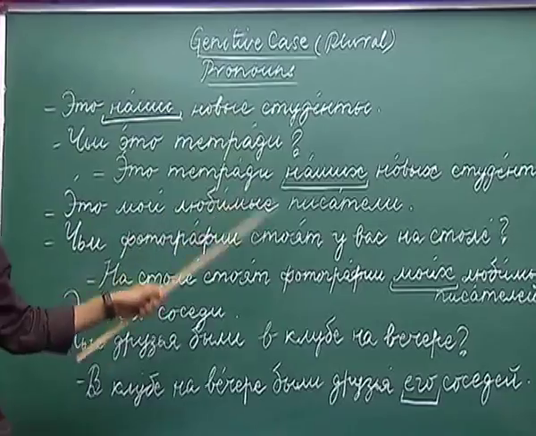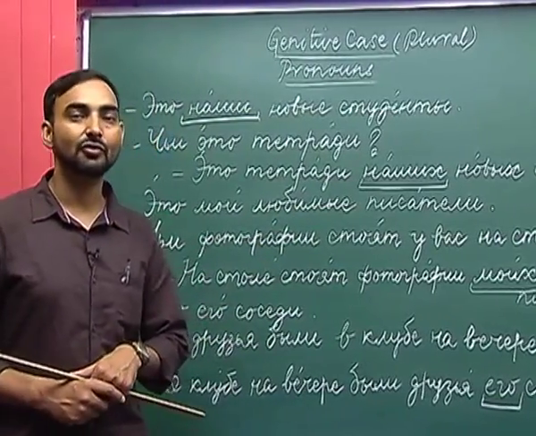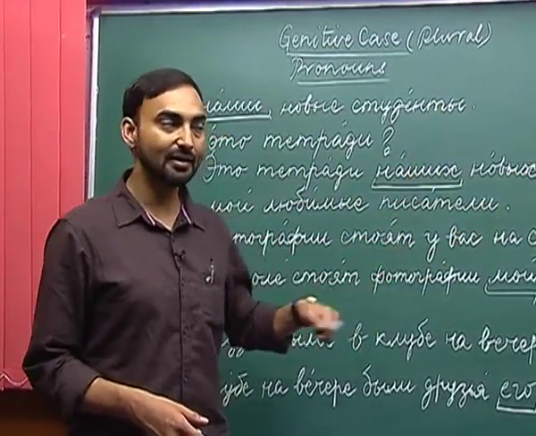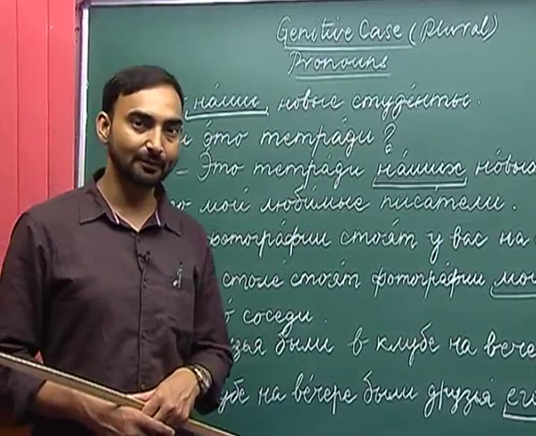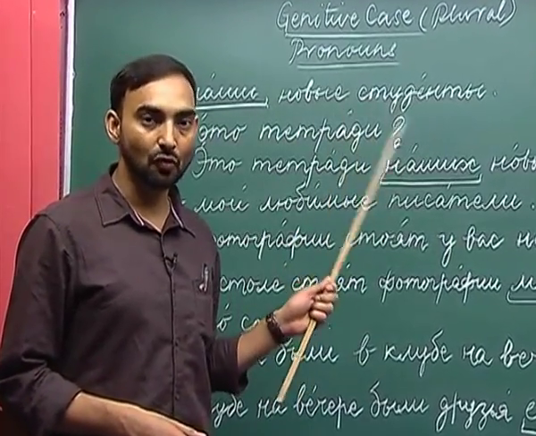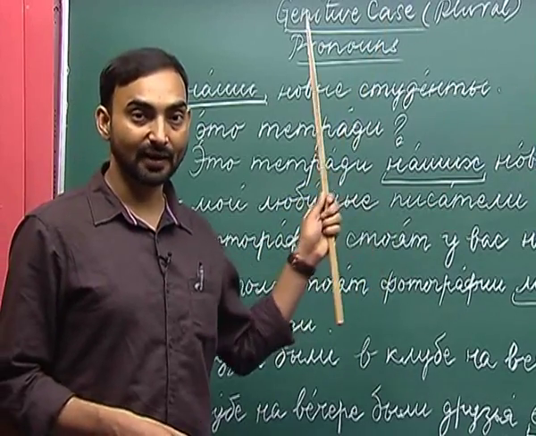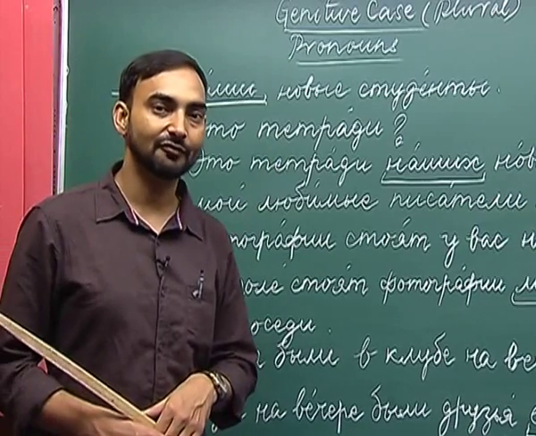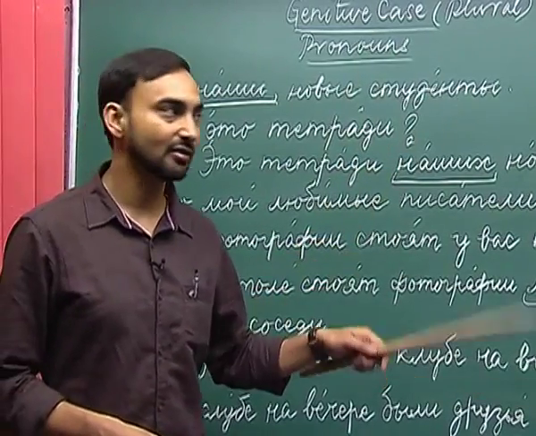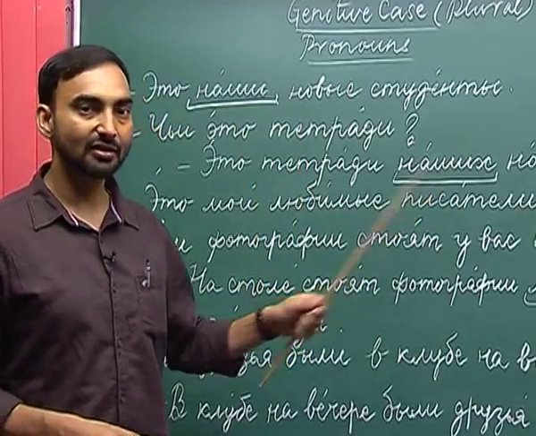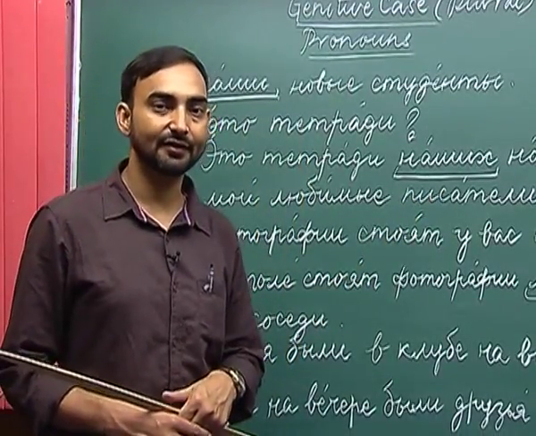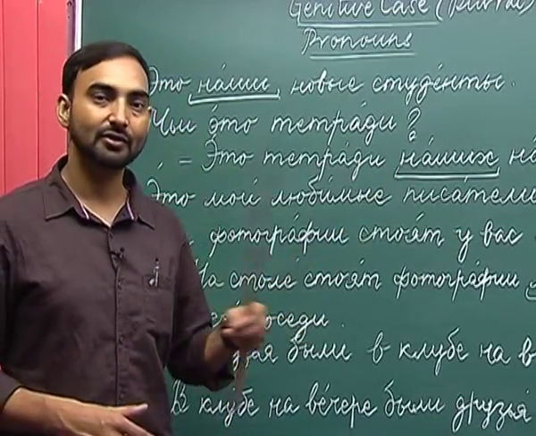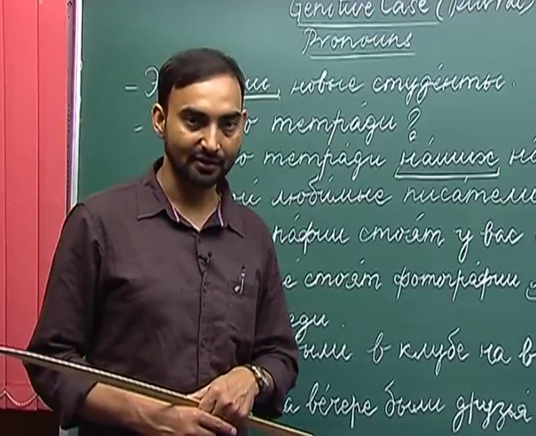So, these three things, if we summarize, what do we get? Мои becomes моих. Similarly, твои, which is the nominative plural of the possessive pronoun твой, becomes твоих. Наши, which is the nominative plural of наш, changes to наших, and ваши, which is the nominative plural of ваш, changes to ваших.